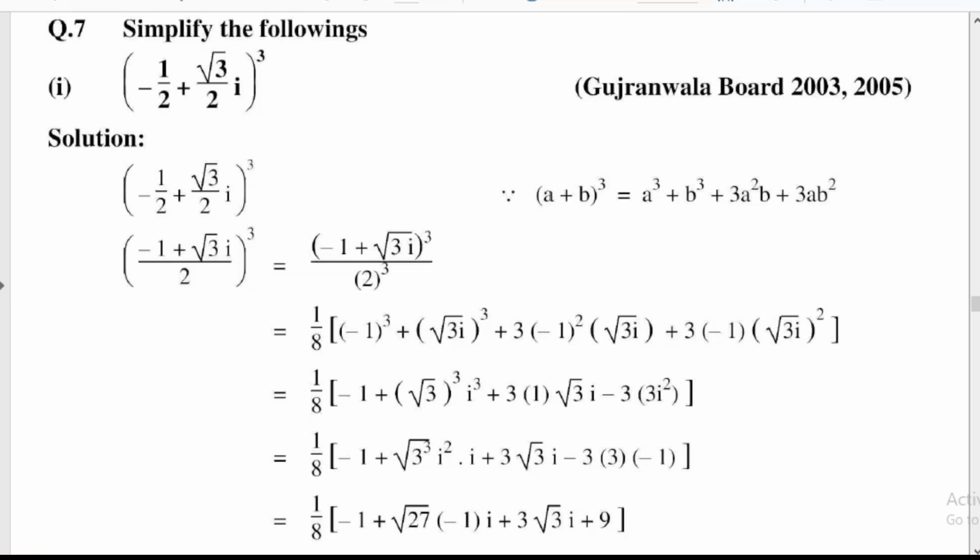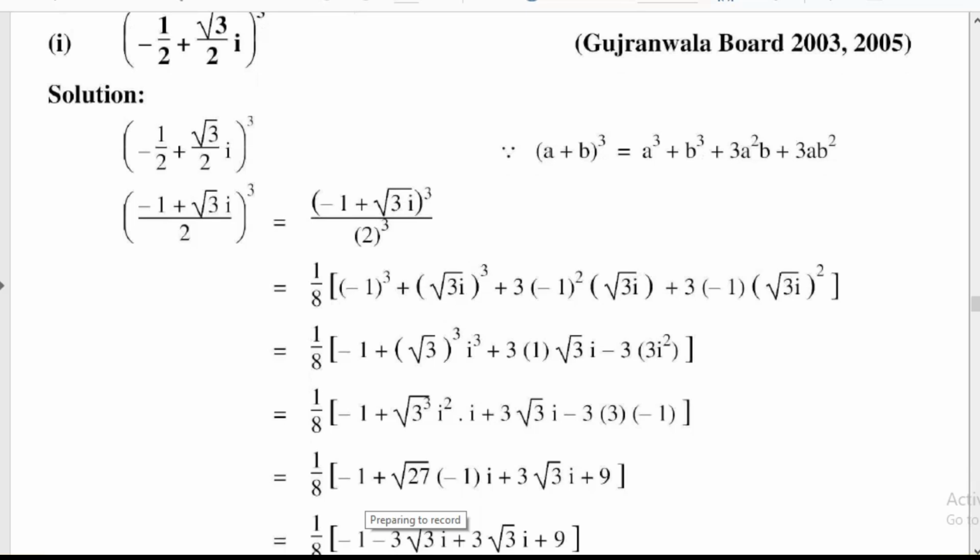So 3 into -1 divided by 8 into -1. i square is equal to -1. So (√3) whole cube can also be written in cube root form, so cube root of 3.